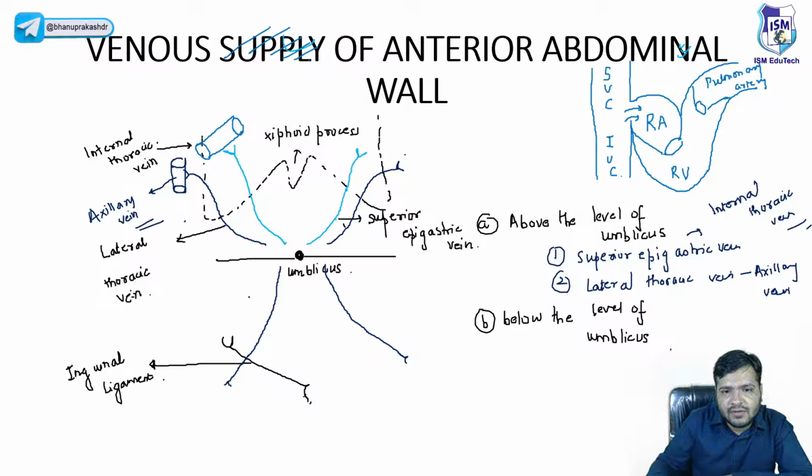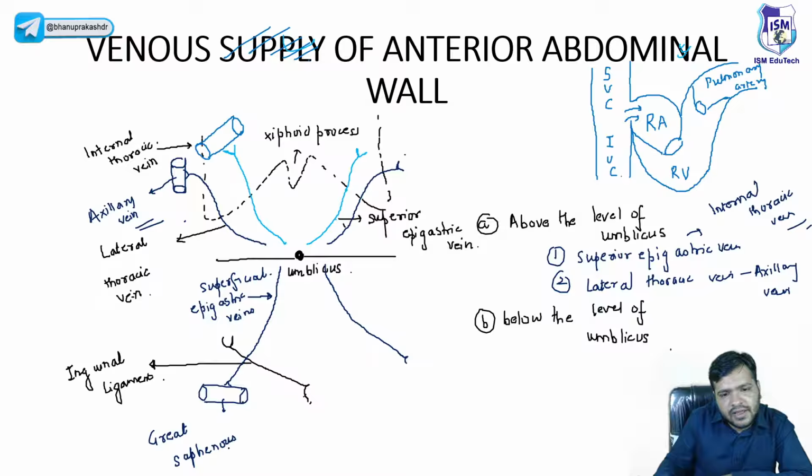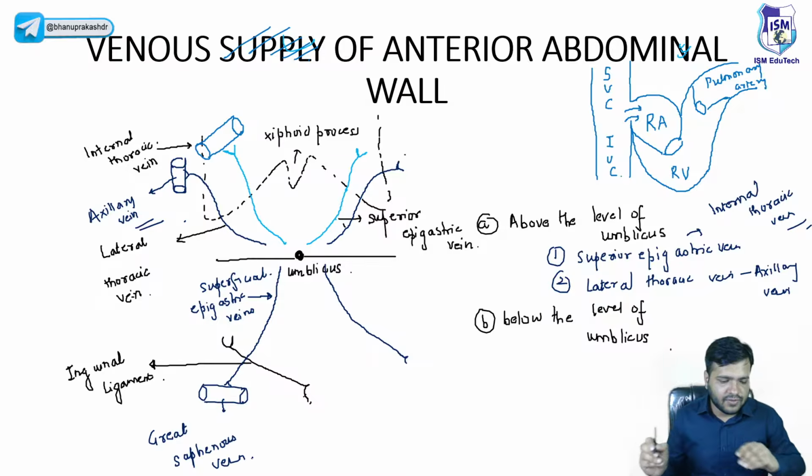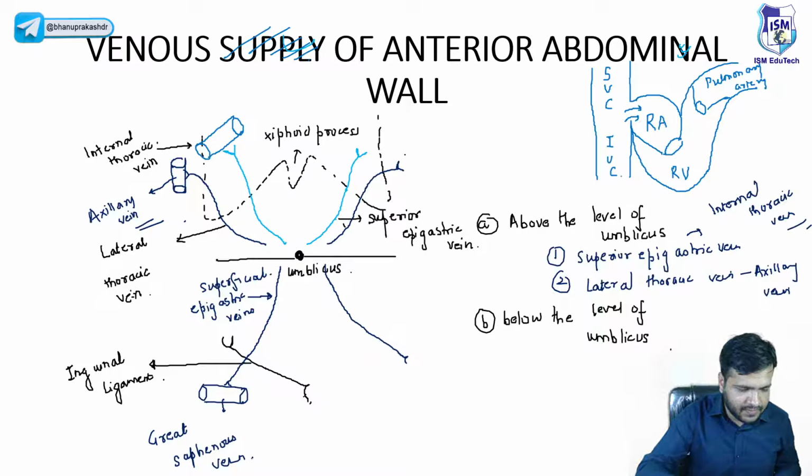We have this superficial epigastric veins, and it will drain the blood into the great saphenous vein below the inguinal ligament. Great saphenous vein, it will drain the blood into the great saphenous vein.